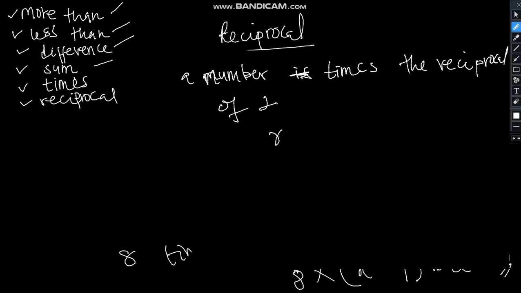So a number will be x times the reciprocal of 2, which is 1 over 2. So I'll get x over 2, because x times 1 will give me x, then 2. I think this is clear. So let's move quickly to a few examples and let's solve them.